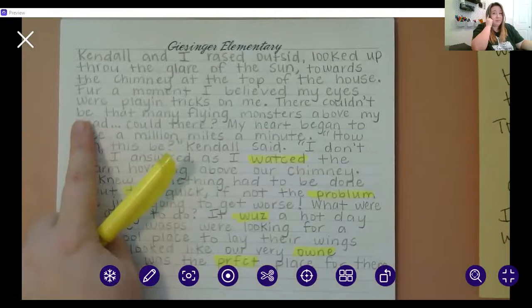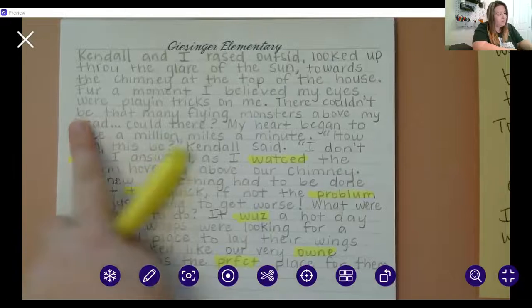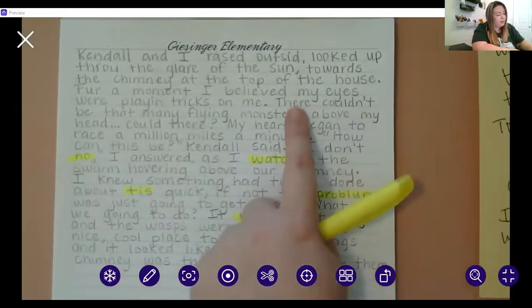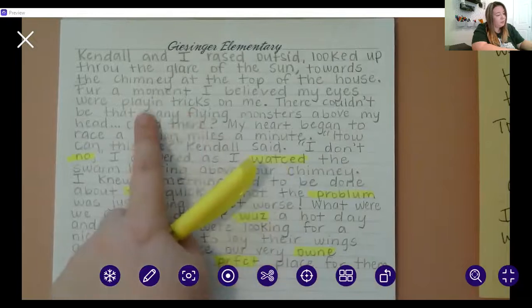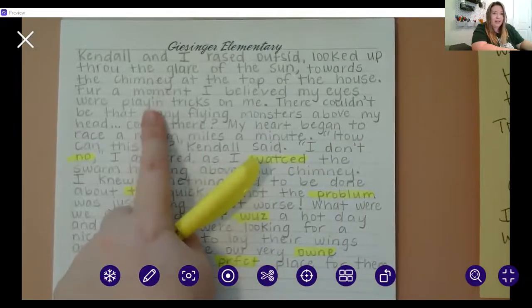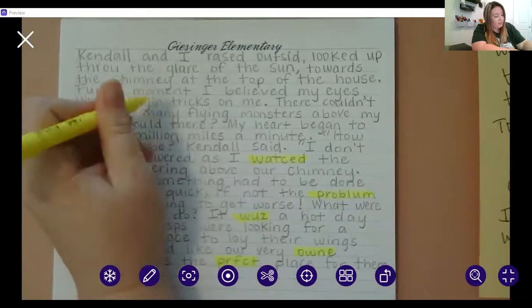Just a reminder, I'm thinking in my head, do these words look right? And I'm going very slowly so my brain can think about it. Couldn't, there, me, on, tricks, playing. I know that ends with ing, so I think that I forgot the G on the end of that.